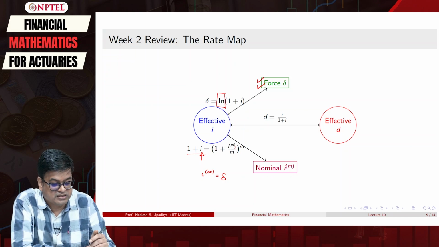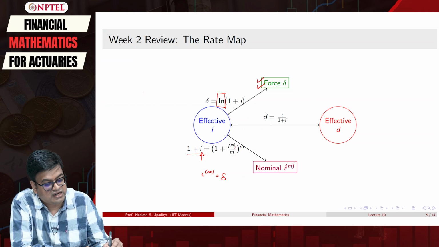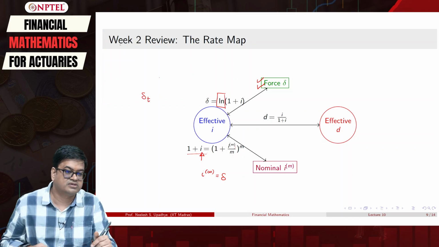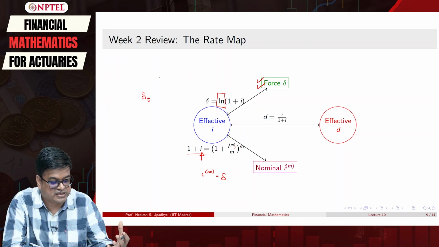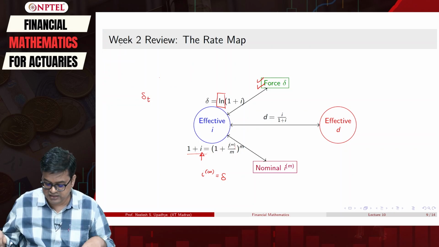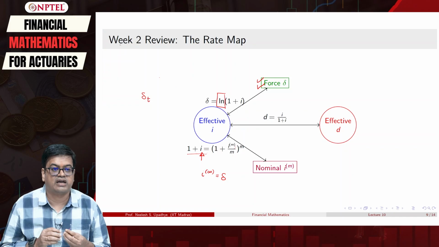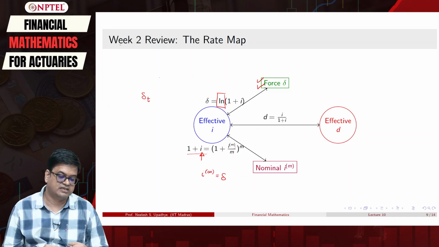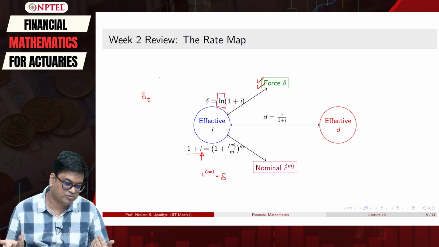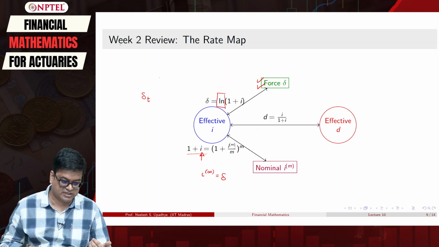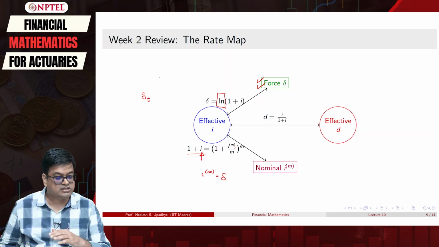After doing this, we allowed this delta to vary over time, and we introduced the notion of delta t, which is variable force of interest. We derived the analytical relationship between the accumulation function and delta t, and we saw how to calculate, given delta t, what will be the accumulation function and vice versa. So, this is our map.